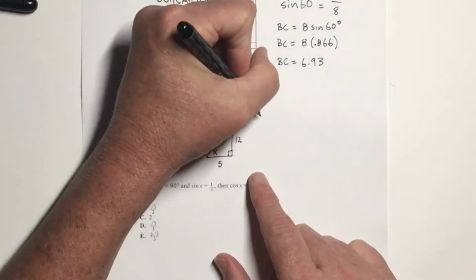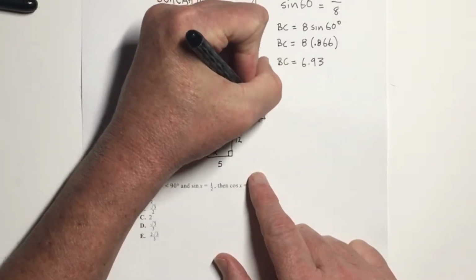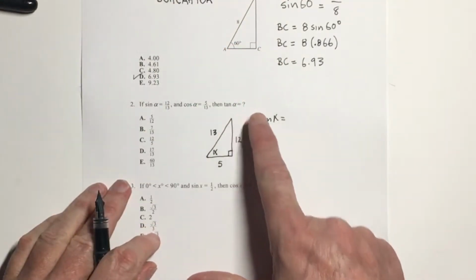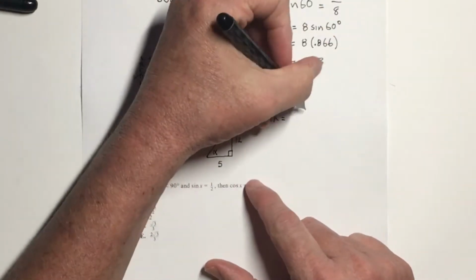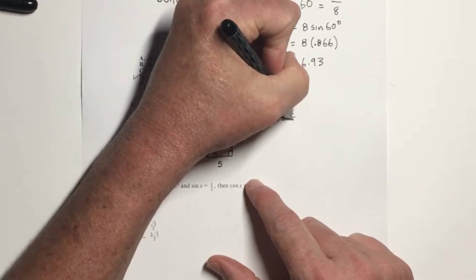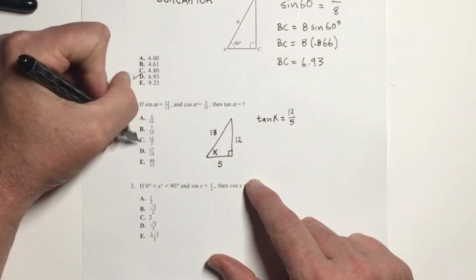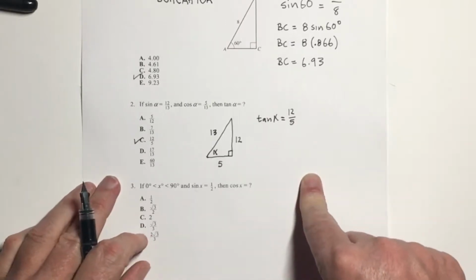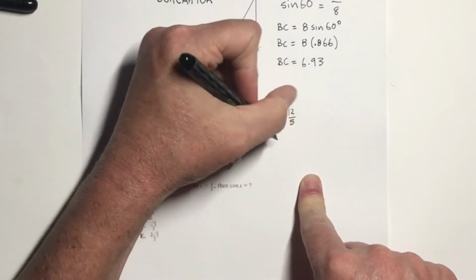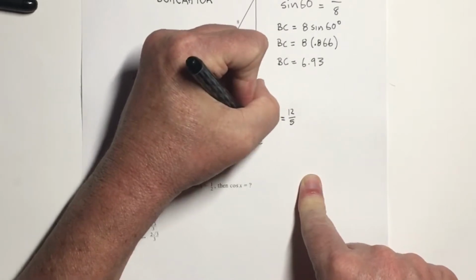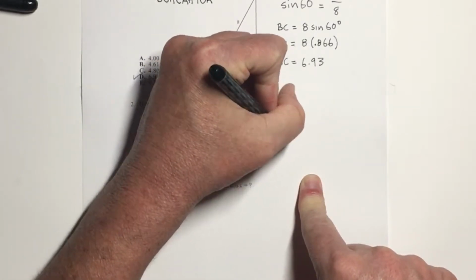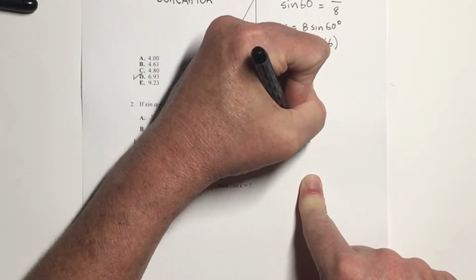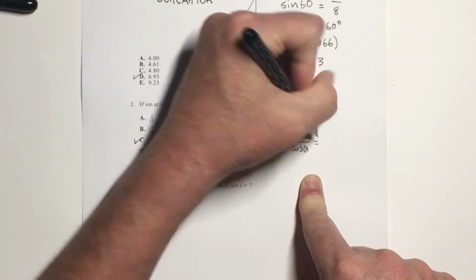So what is the tangent? Well, the tangent of alpha then is just going to be the opposite over adjacent, which is 12 over 5. There you go. Looks like that's that one right there, C. Now, another way you could have done this is by recognizing that the tangent of any angle, in this case alpha, is equal to the sine of that angle divided by the cosine of that angle.